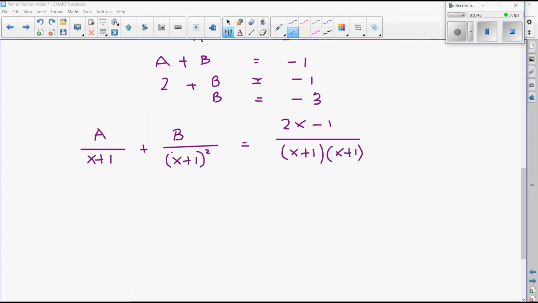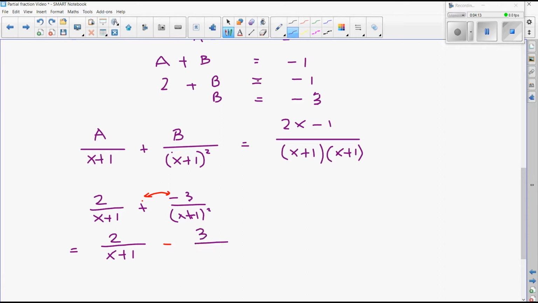Seeing that A has a value of 2, I write 2 over (x + 1). B has a value of -3 over (x + 1)². This can be simplified further: a negative times a positive, I multiply the signs, and that gives me minus 3 over (x + 1)².